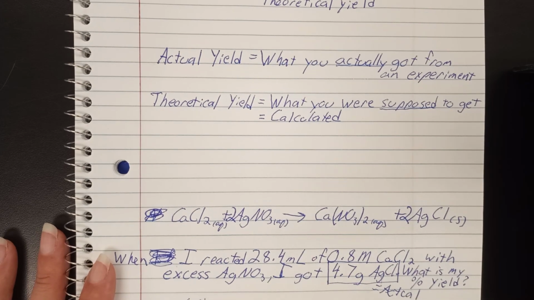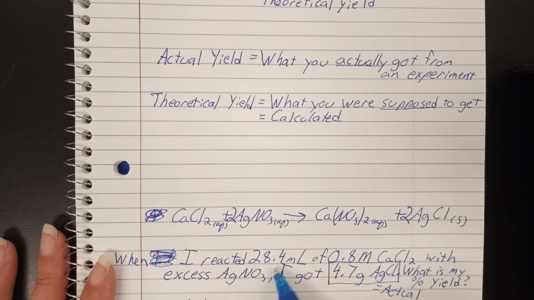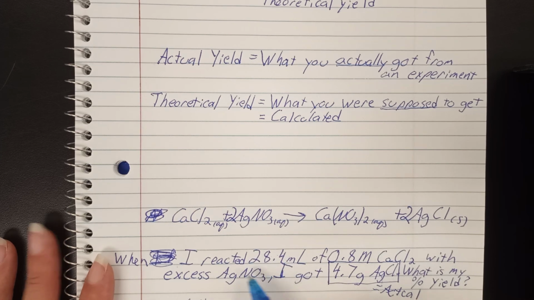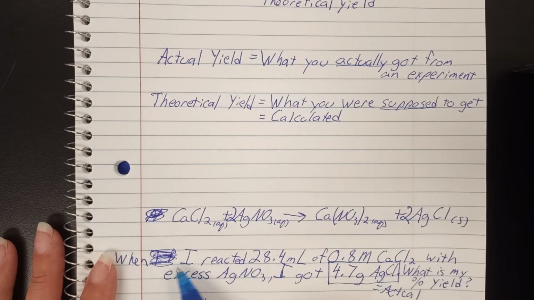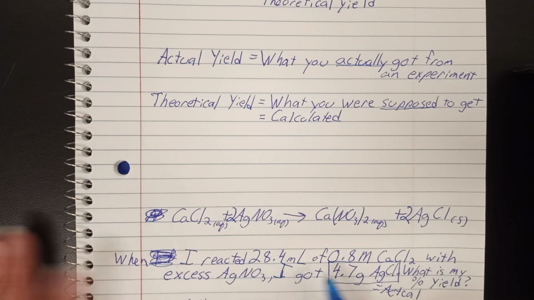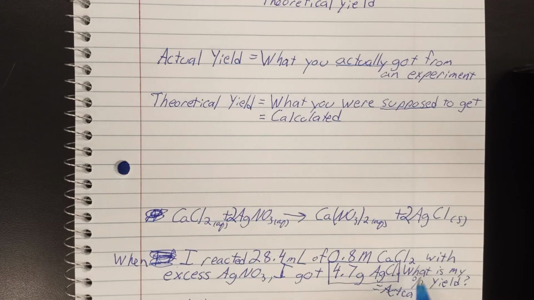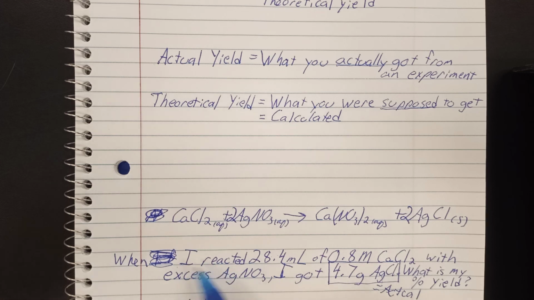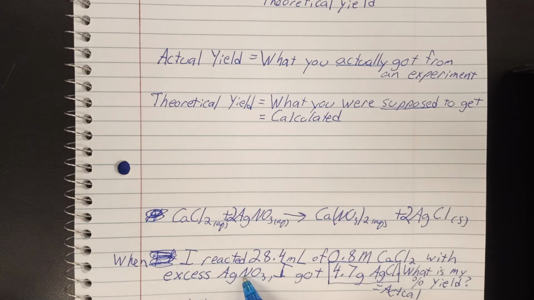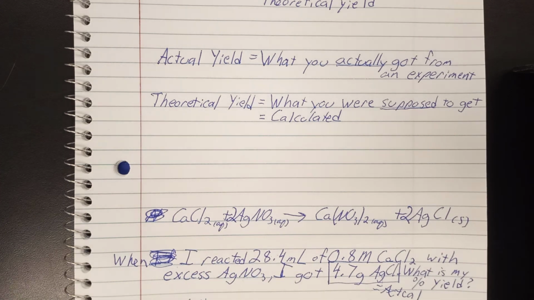Okay, what is my theoretical? Well, I need to calculate that from my initial value. So now we pretend like there was an if. If we react this 28.4 milliliters of 0.8 molar calcium chloride with the word excess, that means this is not our limiting reagent. So what should we have gotten?